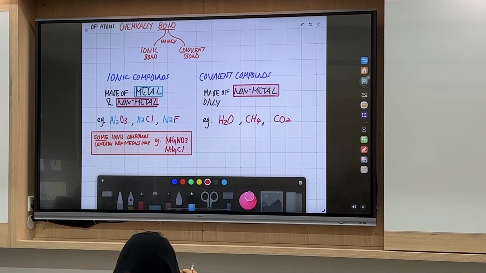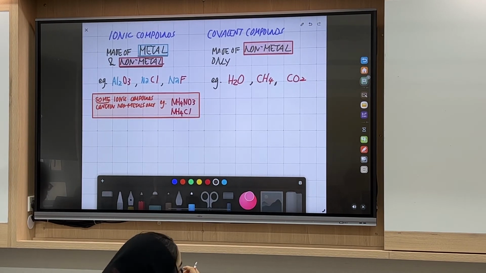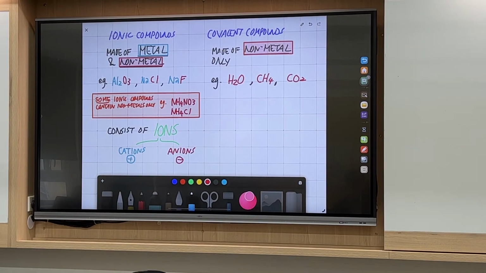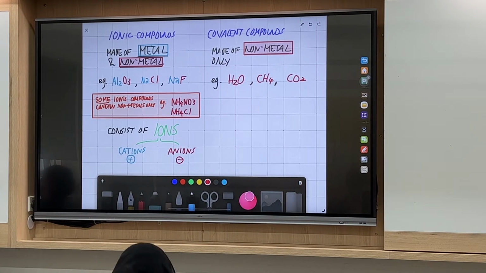What are they made of? Ionic compounds are made of ions. They consist of ions. The ions are known as cations, which are positively charged, and anions, which are negatively charged. In this blank, just write down they consist of ions. Below you see an equal sign.